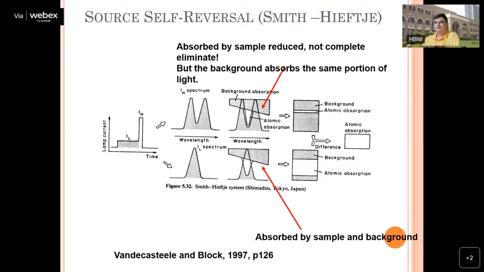But generally, this also comes as a feature of this system, and here you can see this is absorbed by the sample, which is not completely eliminated, but the background absorbs the same portion of the light. And then here it is absorbed by the sample and the background. And then finally what you get is the atomic absorption. So this is how we can carry out the Smith-Hieftje correction.